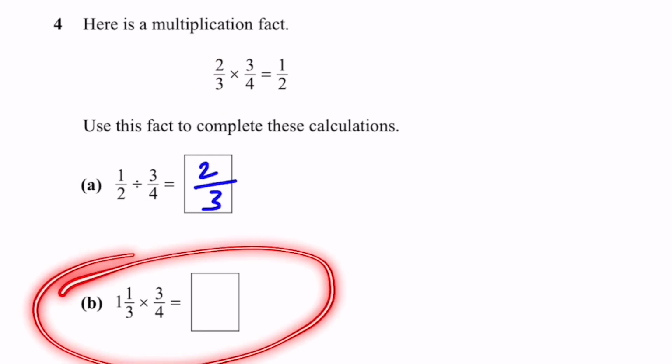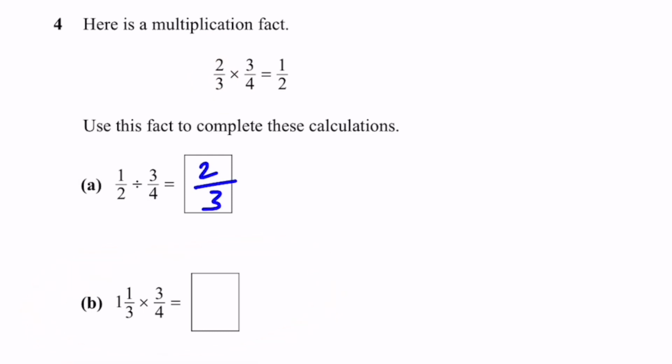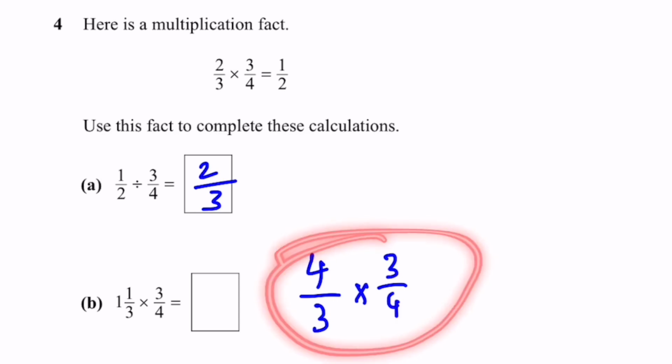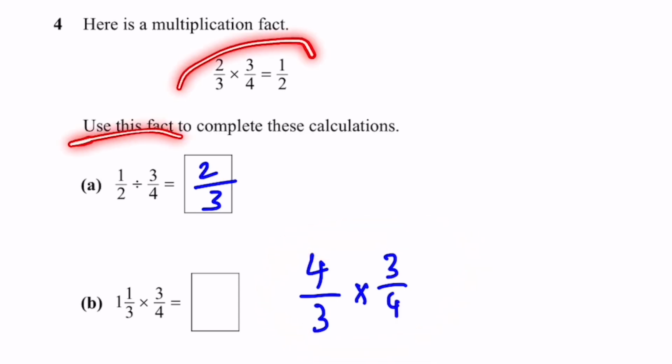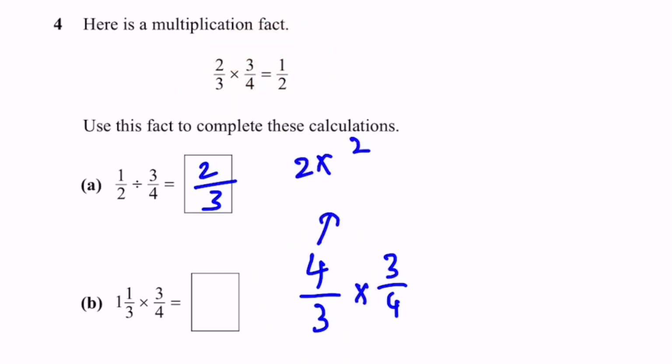Now for the B part. 1 by 3 into 3 by 4. 1 by 3 can be converted into 4 by 3. So 4 by 3 into 3 by 4. We could just multiply this normally, but we need to use the fact given above. And to do that, we can use this method. 2 by 3 into 3 by 4 is 1 by 2. Now 4 by 3 is nothing but 2 into 2 by 3.